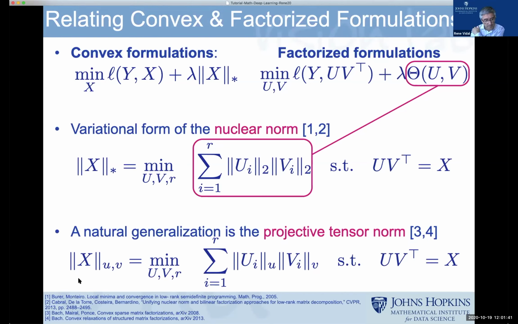But the main point is not to use it as a computational tool, but rather as an analysis tool, namely that we know it induces some norm, and norms are convex. And that's exactly what will allow us to do the construction of building a lower bound to the non-convex problem that is convex.